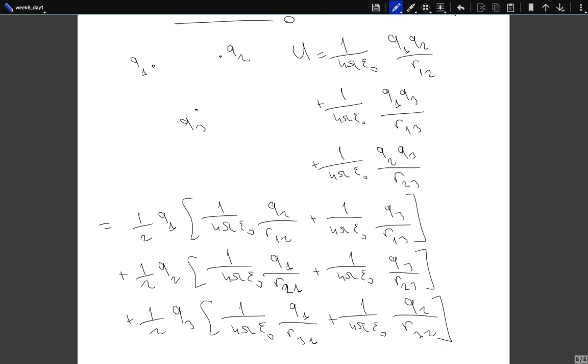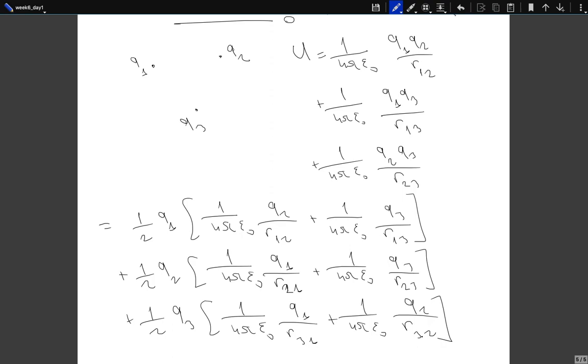Yeah, you see, I have the charge Q2. R12 is the distance of the position of Q1, R1, from the position of Q2. R13 is the distance of the position of Q1 from the position of Q3. So this is just the potential created at the position of Q1 by the other charges in the system.